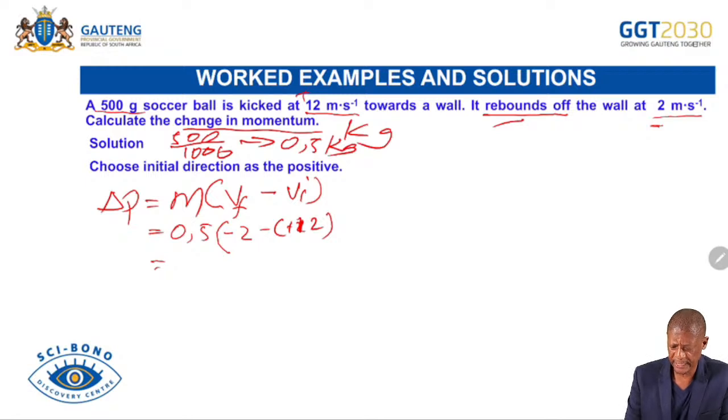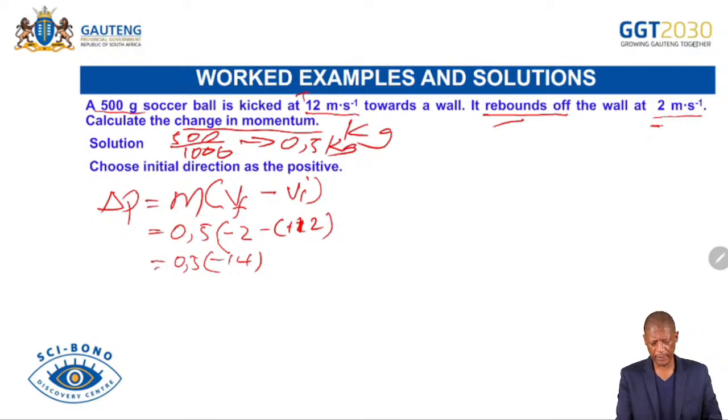So this is going to be 0.5 times the bracket of negative 2 minus 12. Then 12 plus 2 is going to be 14. Then you may start calculating. If we calculate, we multiply 0.5 by negative 14.